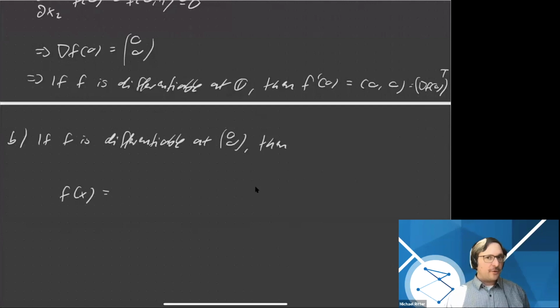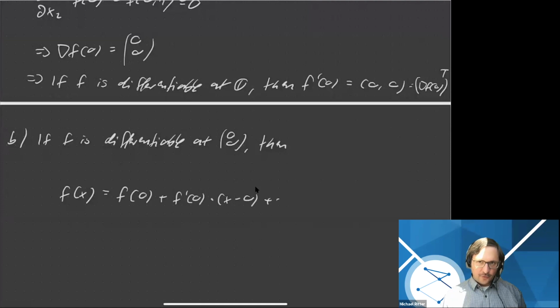can then be approximated. So we have this linear approximation f of 0 plus the differential at 0, f prime at 0 times x minus 0, plus the remainder, again at x minus 0, and the main condition on that one is that the remainder is small compared to the distance of x from 0.